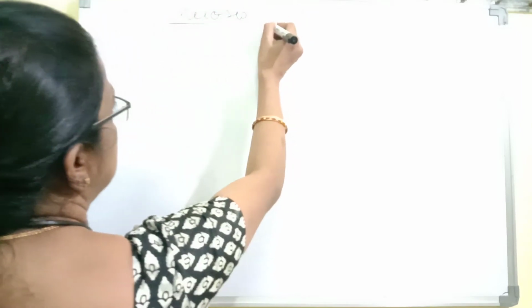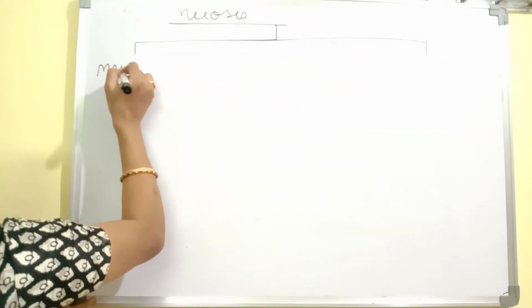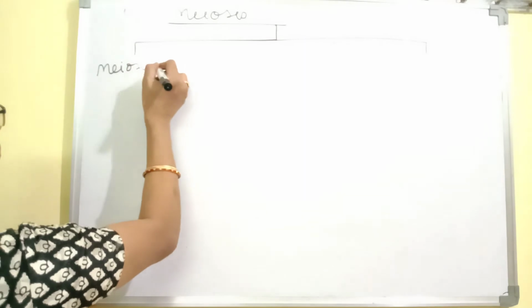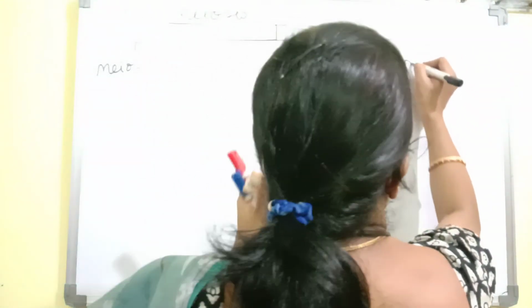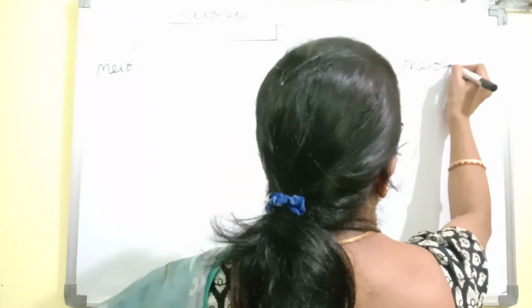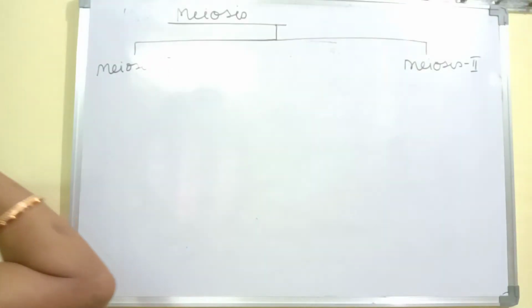Meiosis is divided into 2 stages: meiosis 1 and meiosis 2.